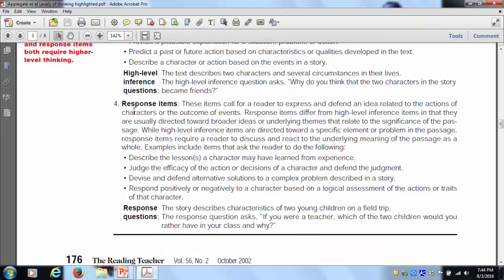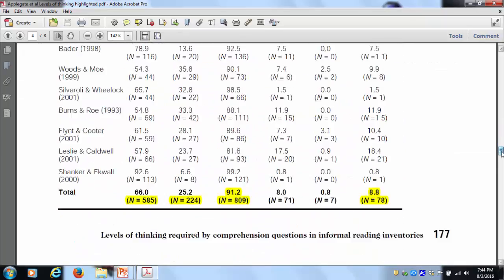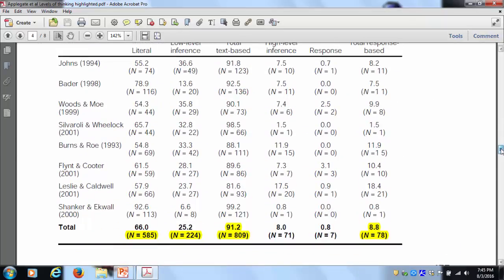This is also a standalone: critical response questions, such as, the story describes characteristics of two young children on a field trip. Here would be a critical response item: if you were a teacher, which of the two children would you rather have in your class? You have to make comprehensive judgments about both before you can answer.